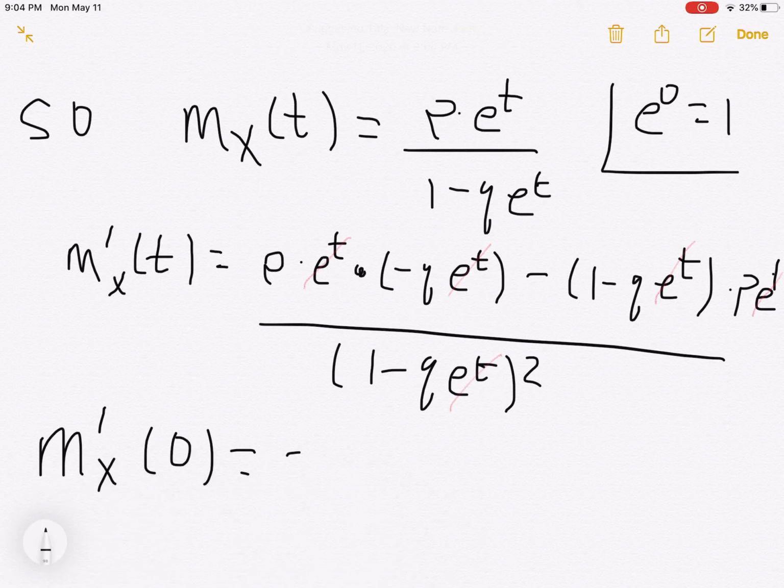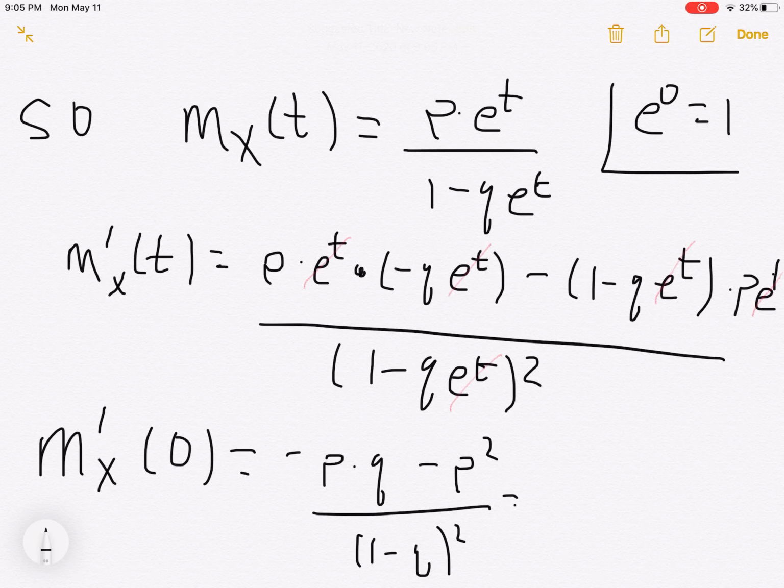So this is going to be minus P times Q in the top. And 1 minus Q is P, so minus P squared. The denominator is going to be 1 minus Q, quantity squared.